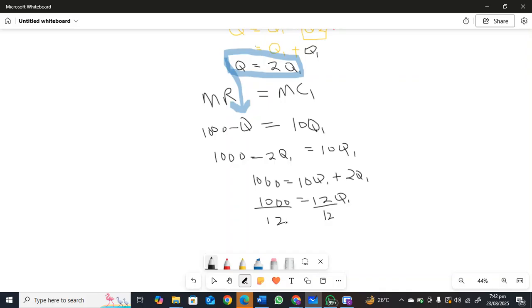Colleagues, what is 1000 divided by Q1? Those with calculators. Anyone with a calculator? I don't have power here, so I can't see where my calculator is. And my phone is charging.